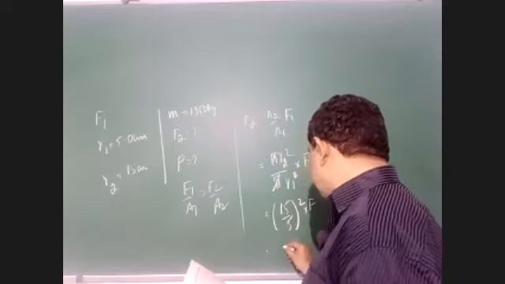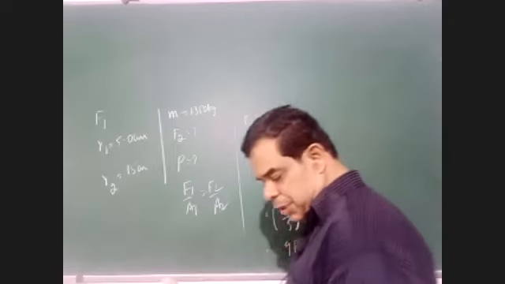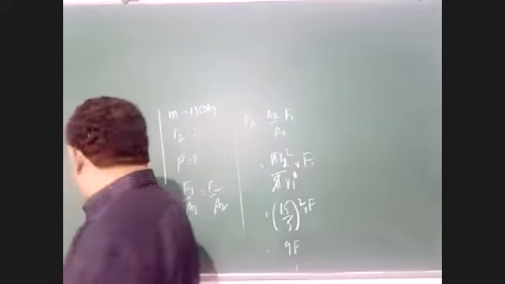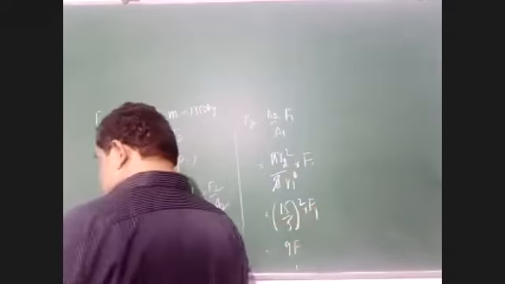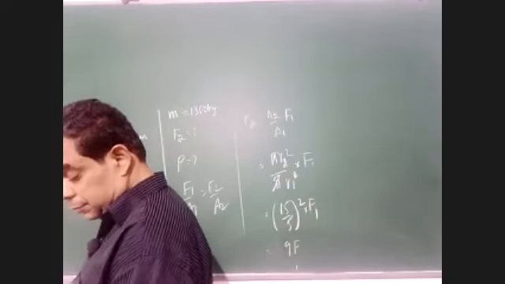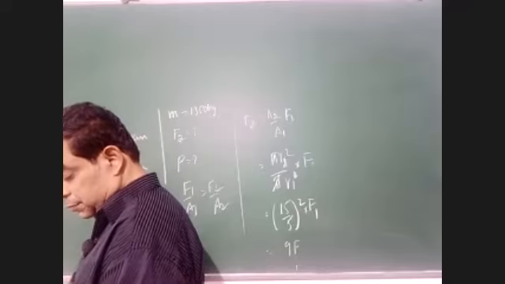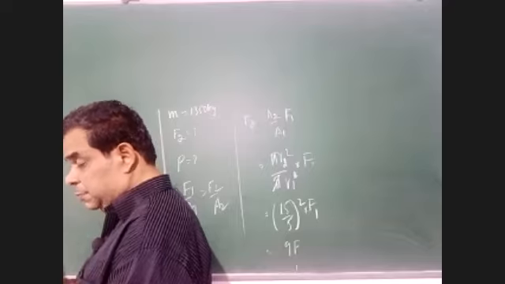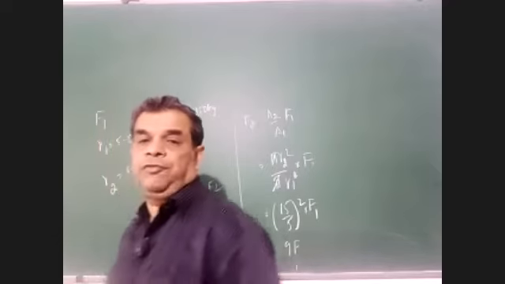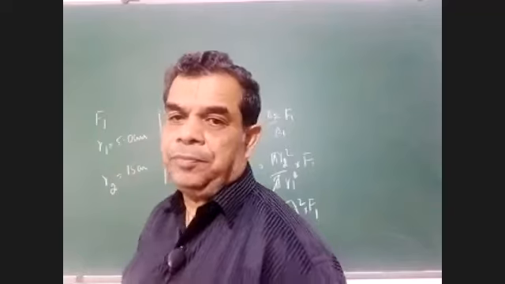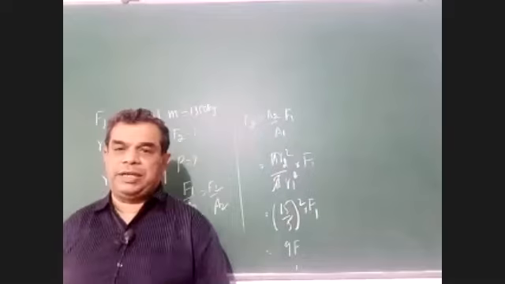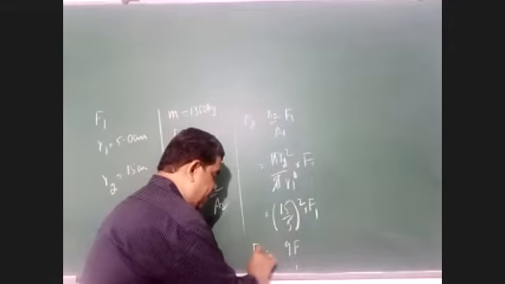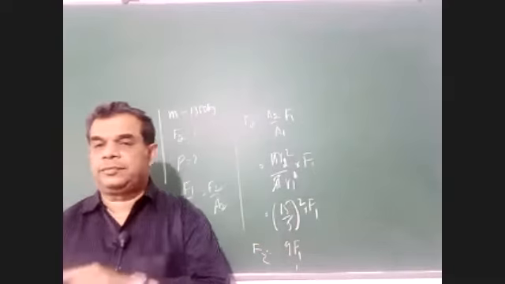So how much is it? 3 square, 9. So F2 is 9 F1. Just write down this.